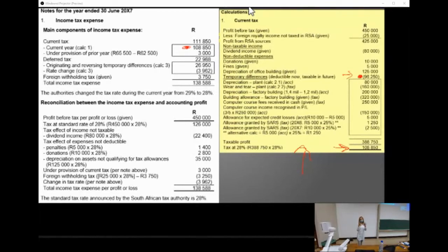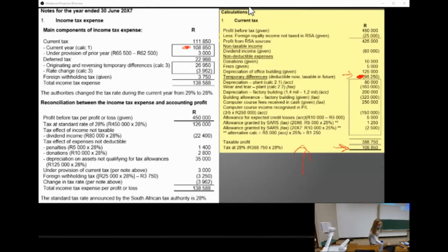When I looked into my crystal ball and said I'm going to use my computers for 5 years, do you think that's more accurate than SARS's standard of all computer equipment over 3 years? Do you agree that the accountant's timing is the more accurate timing? So for tax purposes we've got this saving now because of these timing differences, but the tax timing is not actually the correct timing. So what we do is we adjust for that.